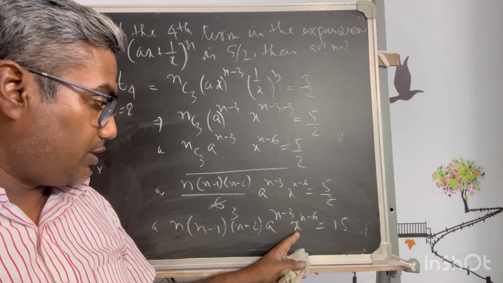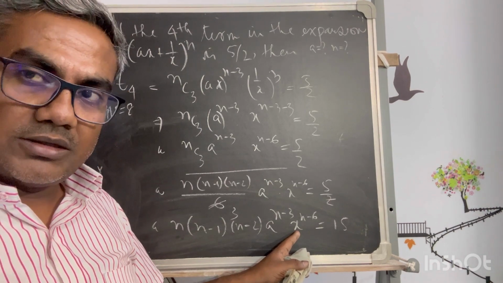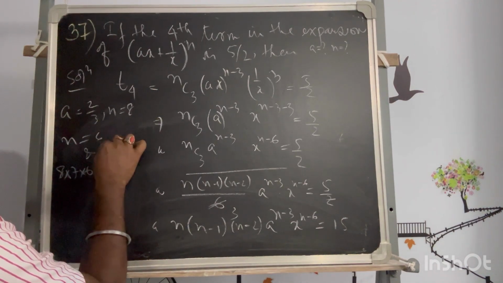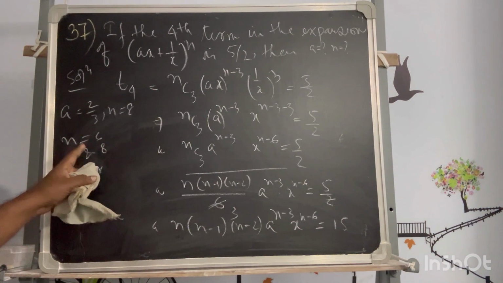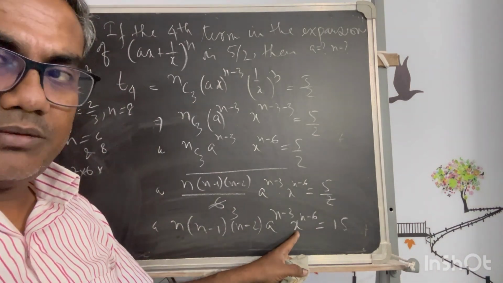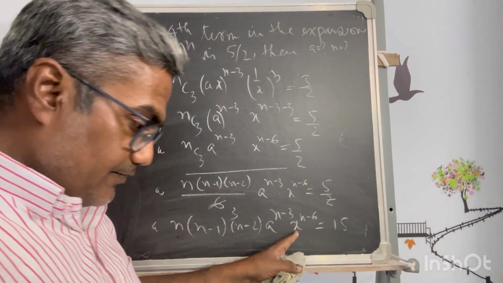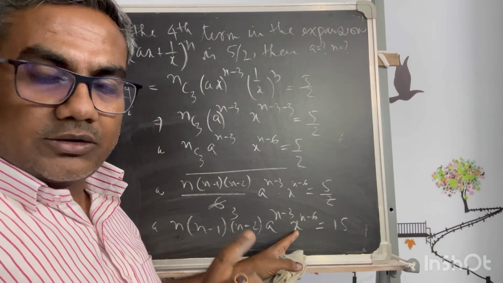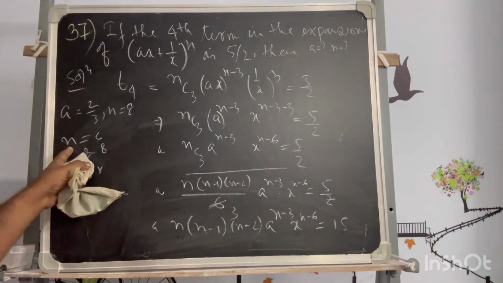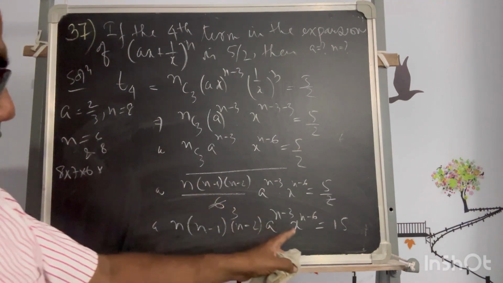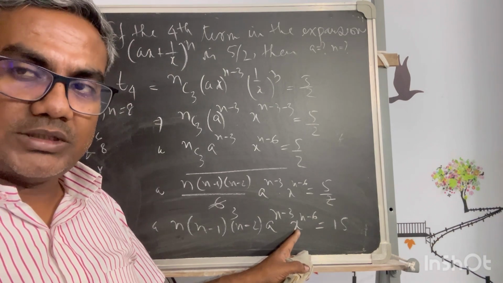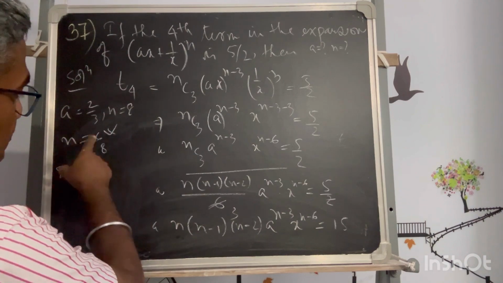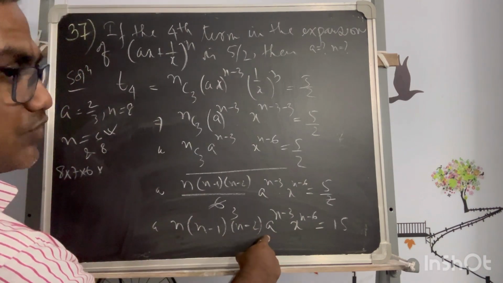This is the trick in that which we have to choose. Out of n, 6 and 8, you have to choose accordingly where x has to be eliminated, because in the option x is not given. So this is your hint for taking the option. Only if you take n is equal to 6 can x be eliminated and you don't need the x value. So this one thing you can choose directly. After choosing n is equal to 6, if you put it, you will get everything in the form of a.